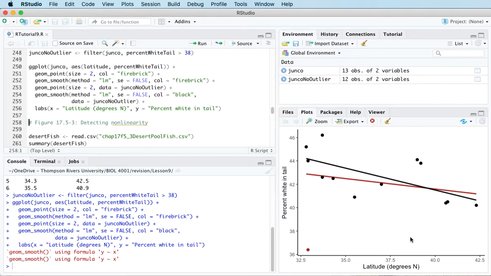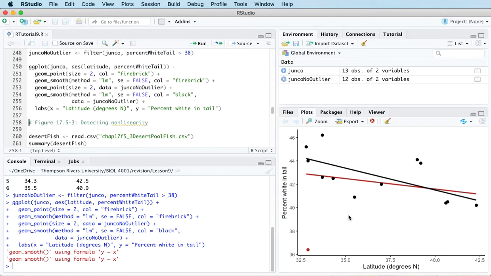So this is an example of one individual point having a really big effect on my analysis. If I include the point in the analysis, I get the red regression line. If I exclude that point, I get the black regression line.